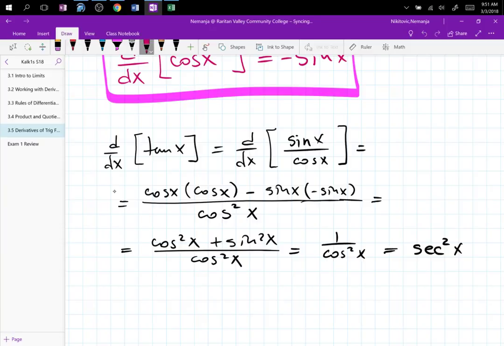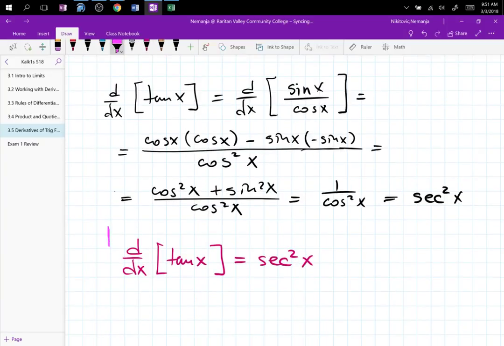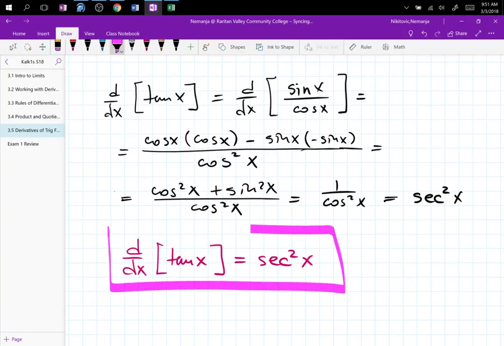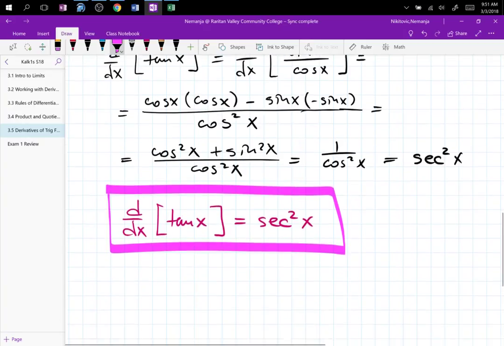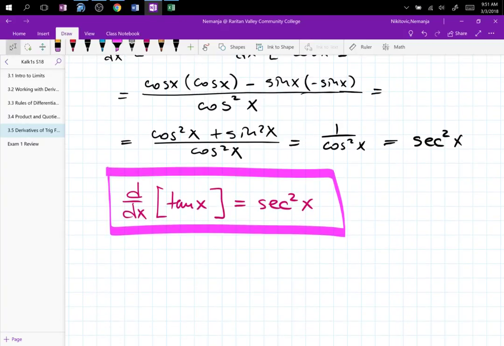It's a formula. The derivative of tangent x is secant squared x. Perfect.